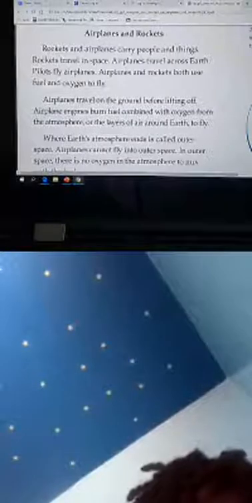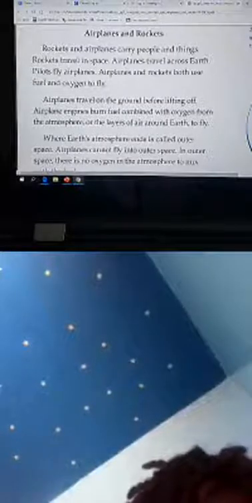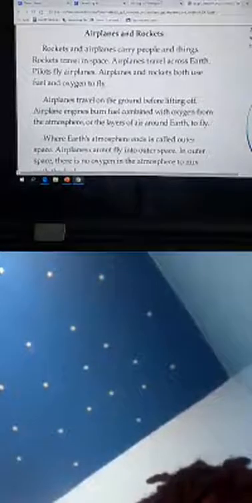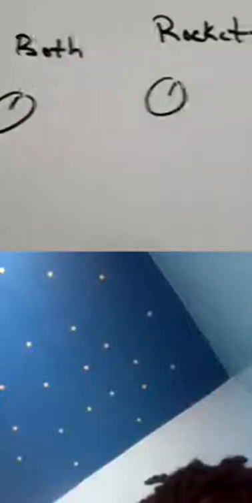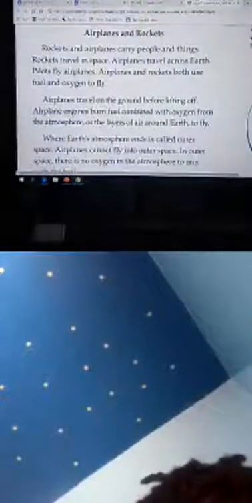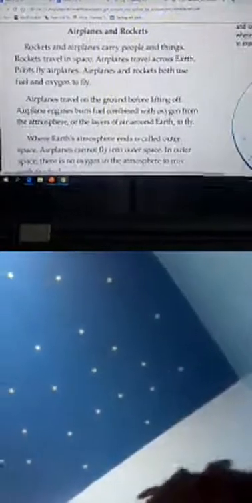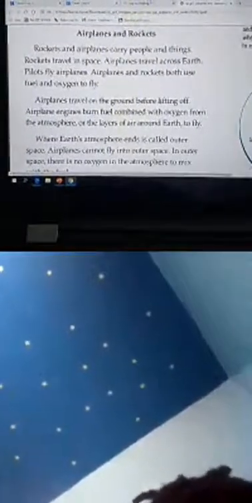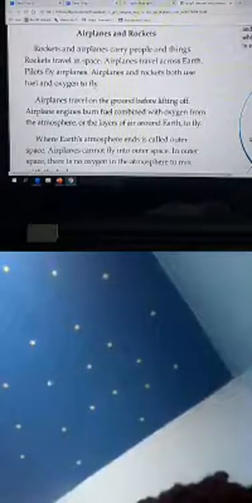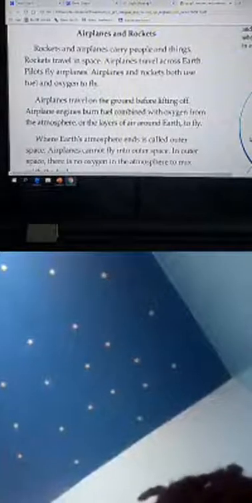You can use a piece of paper and write at the top airplanes, put both in the middle, and write rockets. And you're going to take the information from the text and fill out your Venn diagram or your double bubble. So as we read, we're going to talk about airplanes.